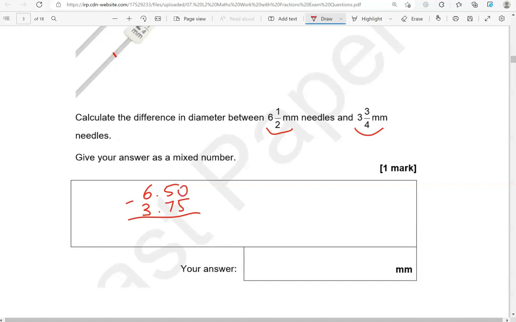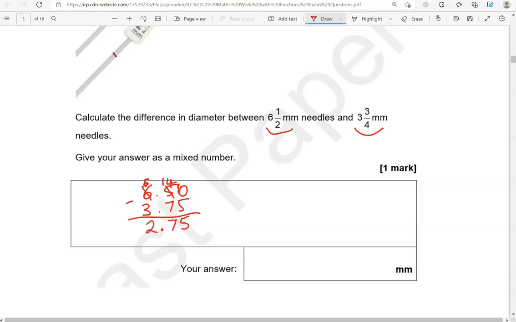So we're taking away 5 from a 0, which means we've got to borrow 1 here. So that becomes a 4, and this becomes 10. So 10 take away 5 gives us 5, and we've got to take away 7 from the 4, which means we've got to borrow 1 here now. So this becomes 5, and this becomes 14. So 14 take away 7 gives us 7. 5 take away 3 gives us 2.